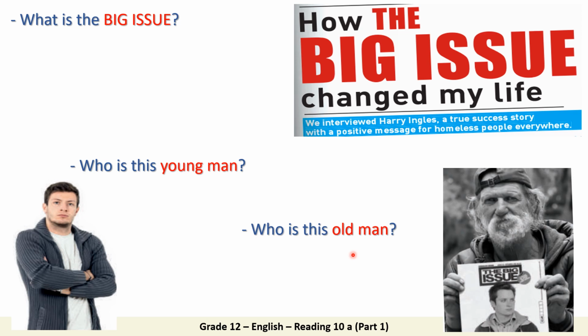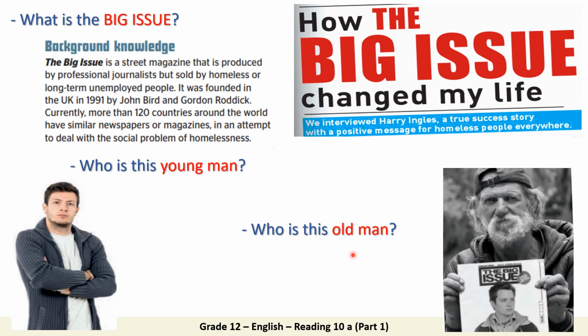Pause, take your time, and then take this feedback. The Big Issue is a street magazine that is produced by professional journalists, but sold by homeless or long-term unemployed people. Where was it founded? It was founded in the United Kingdom in 1991.